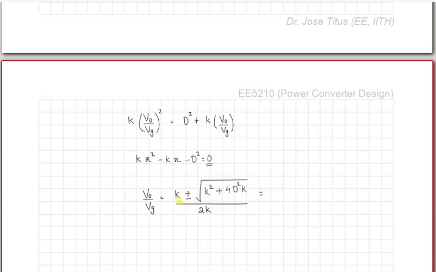And if you cancel out K from the numerator and denominator, this would then give you 1 plus or minus square root of 1 plus 4D square by K divided by 2.